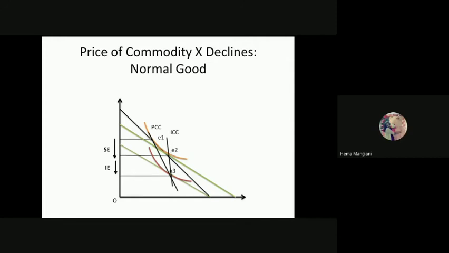This indicates the substitution effect. Here the consumer would realize that his real income is declining. So the consumer will come down from E2 to E3, that is the lower indifference curve, the red one here. So this is the effect of income, and this is the effect of your price from E1 to E3. Here you will find ICC, and here we have PCC.